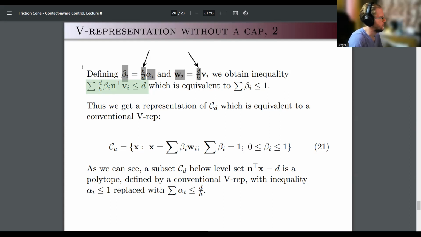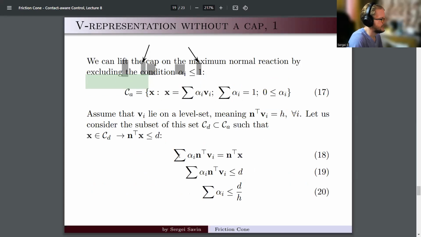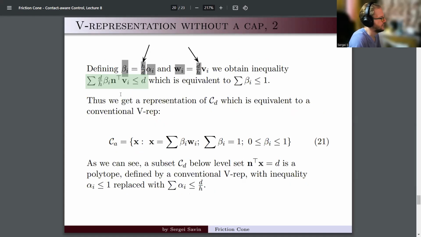We get it from the previous slide, inequality 19, but we replace alpha with beta. But remember that alpha is equal to d divided by h times beta.